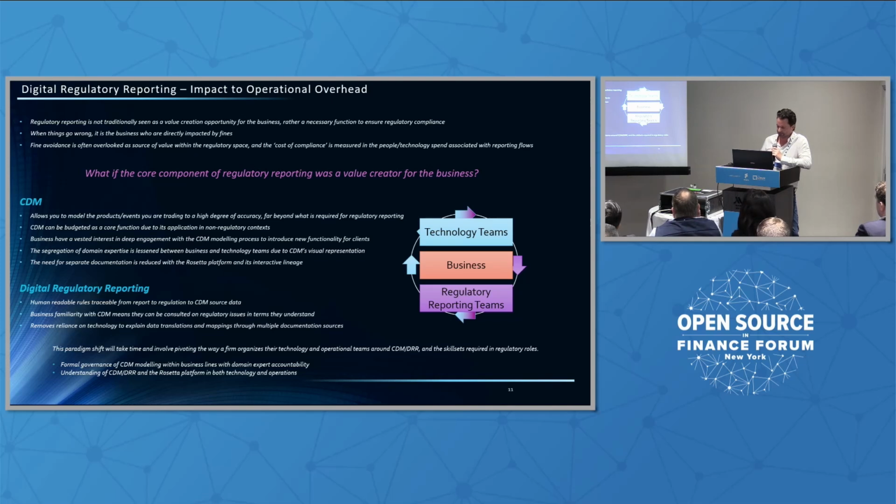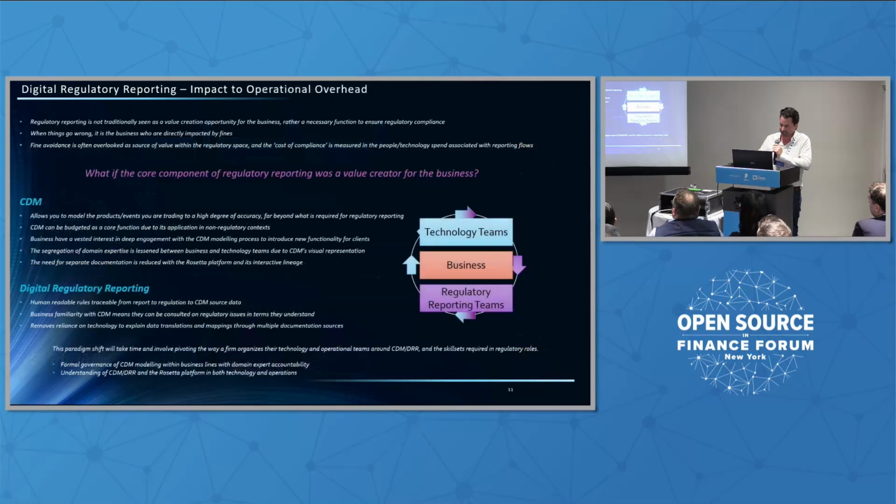But with CDM, understanding things like data cardinality or how to navigate through the Rosetta platform, those are things we found the traditional operations staff were a bit hesitant about. But as I say, this is just going to be an evolution over time of different skill sets that will evolve into these roles and the way they look at data and state management.